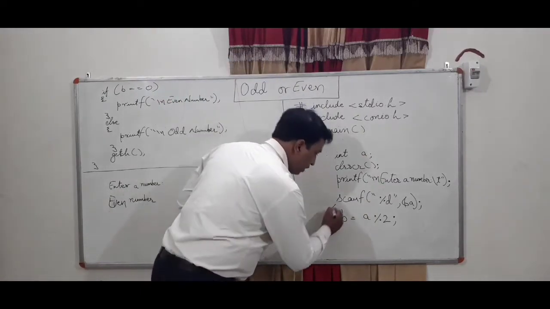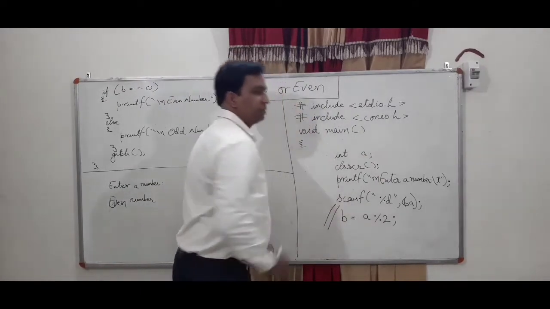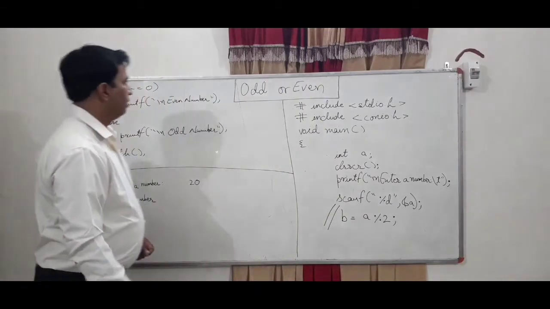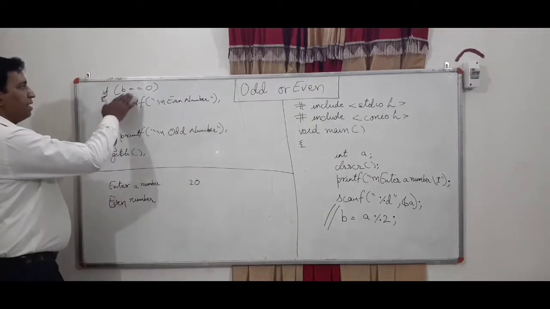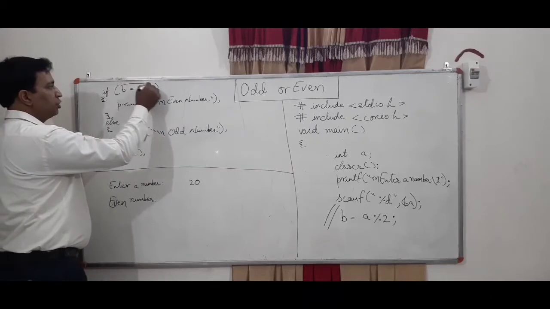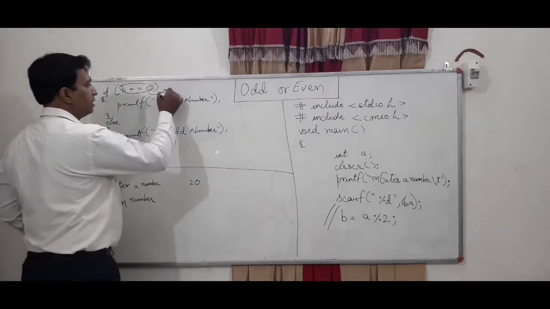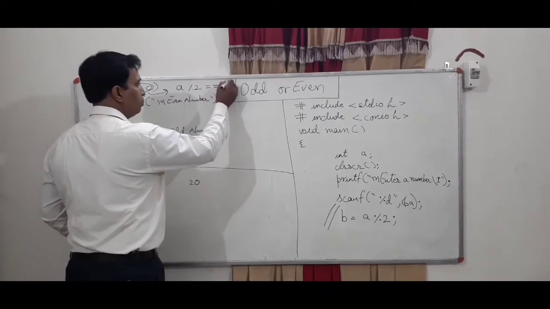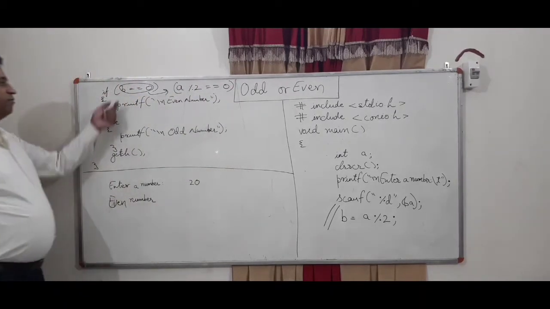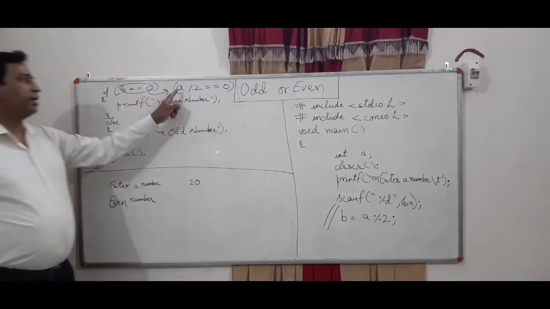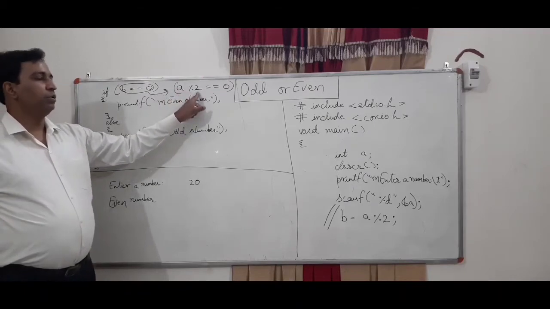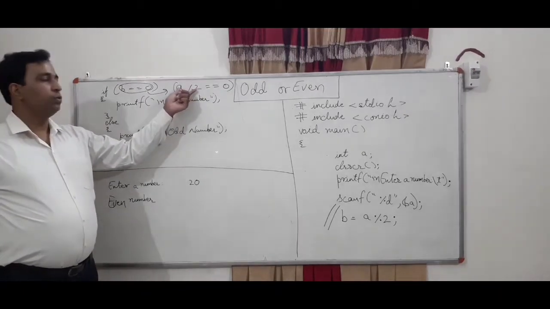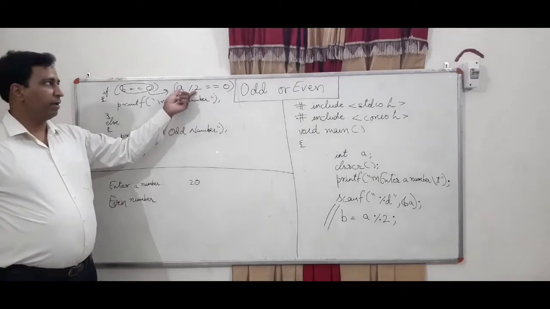We don't need to run this statement, right? Instead of that, we can have this expression written like this: a % 2 == 0. So instead of b is equal to 1, we can write a % 2. That means it is going to check the remainder, right?